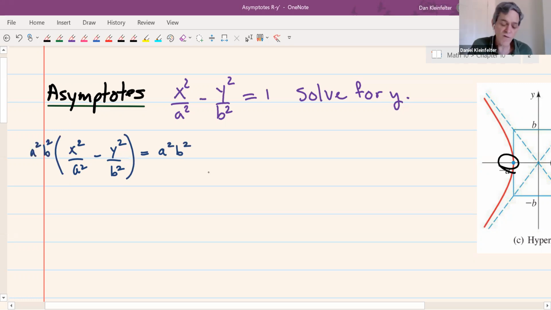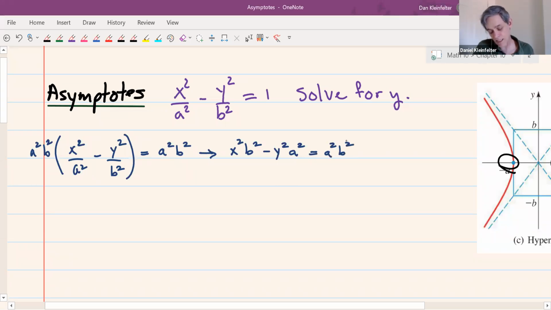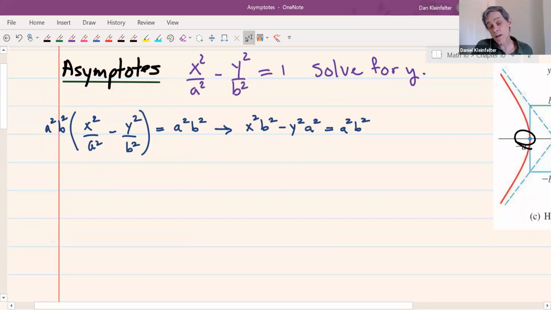The reason for doing that is just so that we can eliminate those denominators on the left-hand side. So we'll have x squared b squared minus y squared a squared. You can alphabetize those if you want, I don't really care. So there's a squared b squared on the right side. Now we got rid of those fractions.